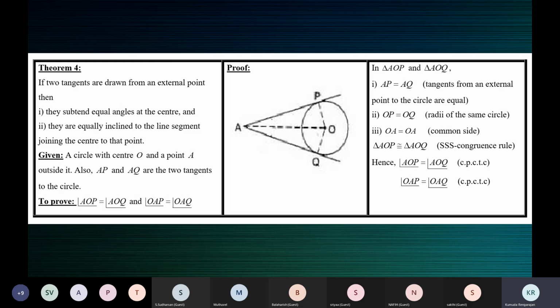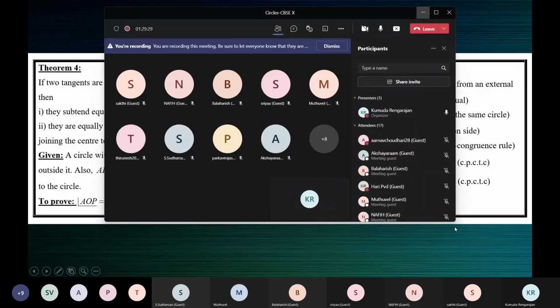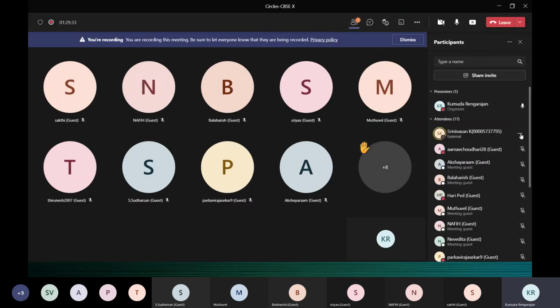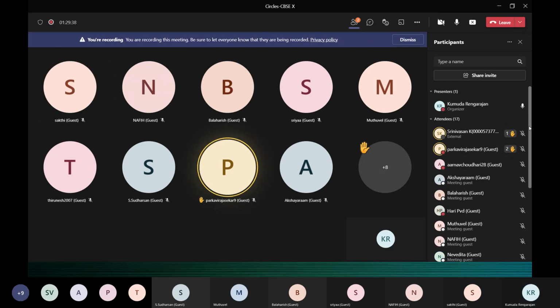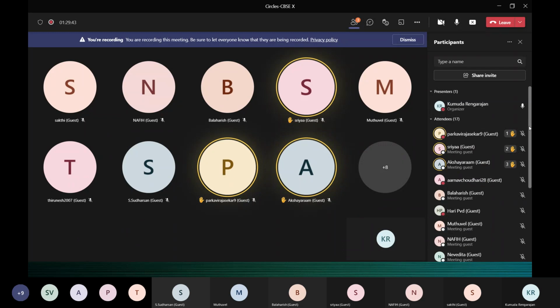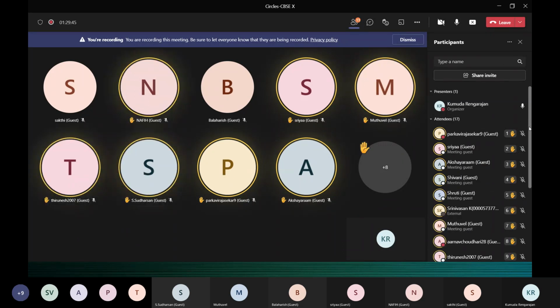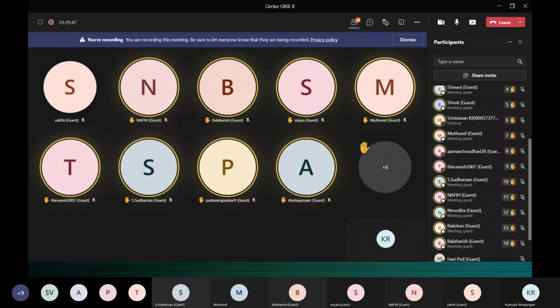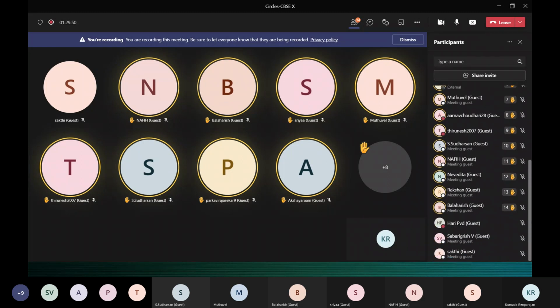All right, children, is that fine? Any questions, children? Class, use the emoji, raise your hand. Shakti, Shabari Grish, Hariharan.